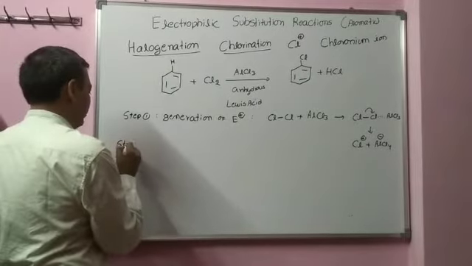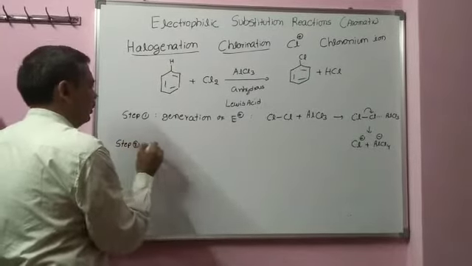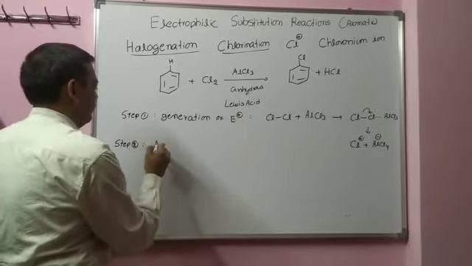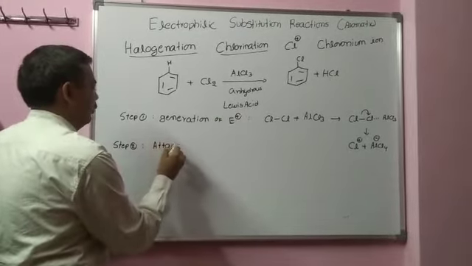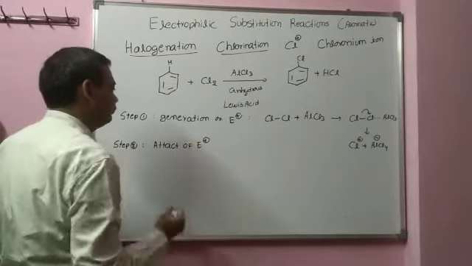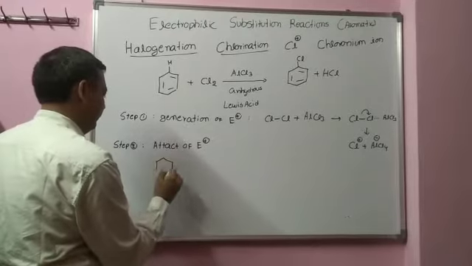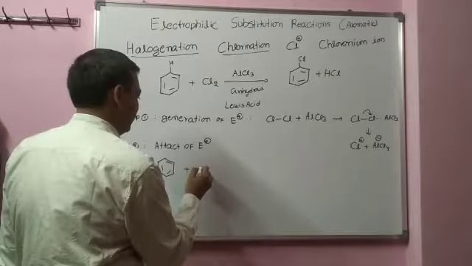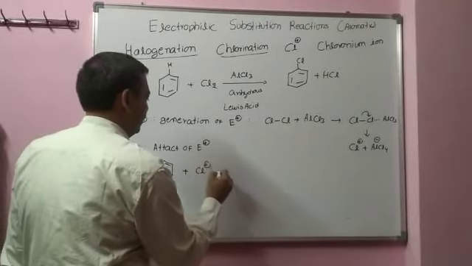Step 2. In the first step, the electrophile, the chloronium ion, was already formed. Second step, attack of electrophile. Benzene reacts with the electrophile, the chloronium ion.